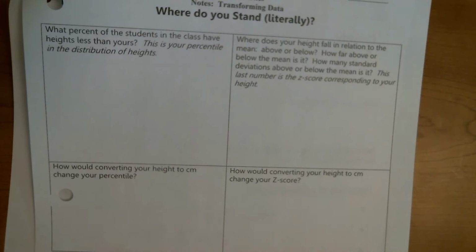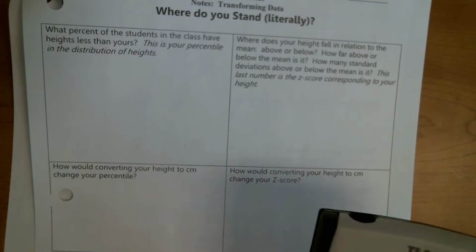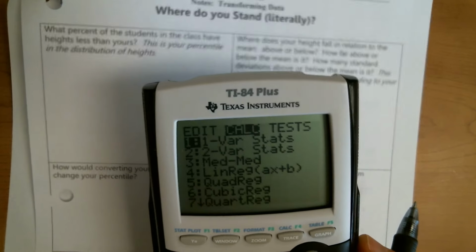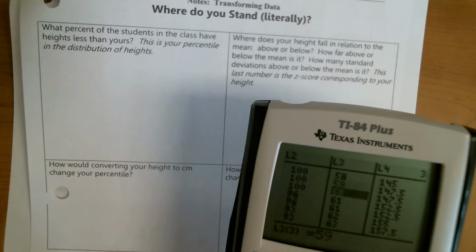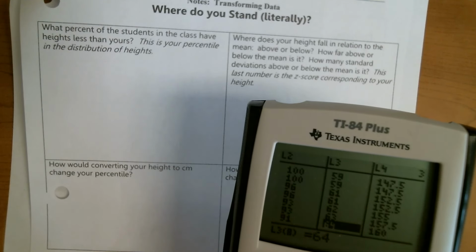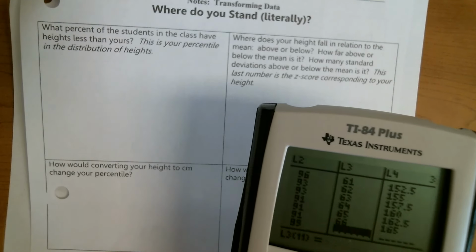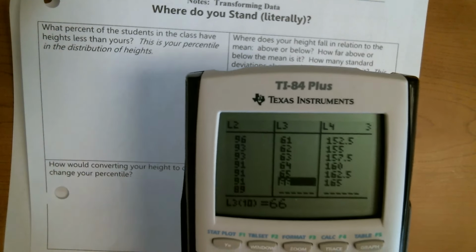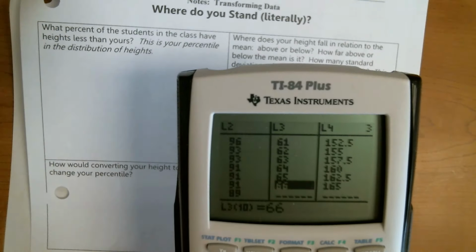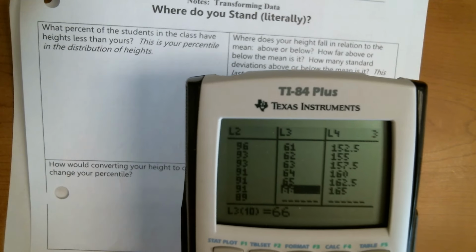I am a gigantic 5'6", and if we go back to our data, we can see that 5'6", which is 66 inches. Oh, that's actually the tallest person in our group. Wow, I guess I am really tall. Huh, who knew? Sure, it's just a coincidence.